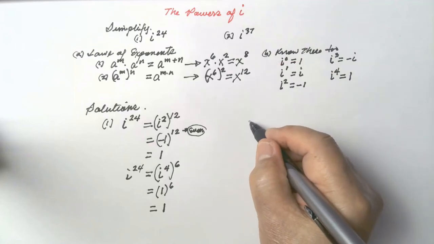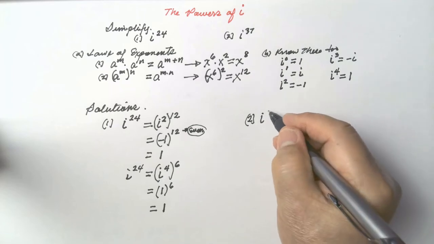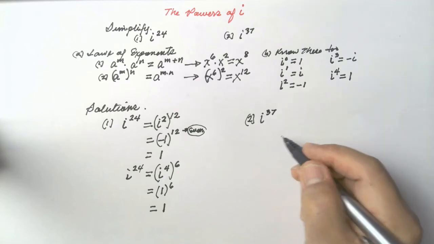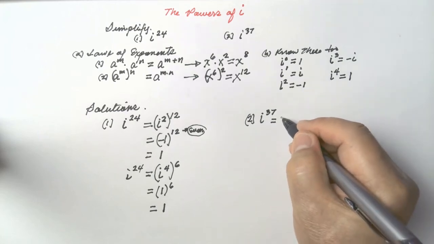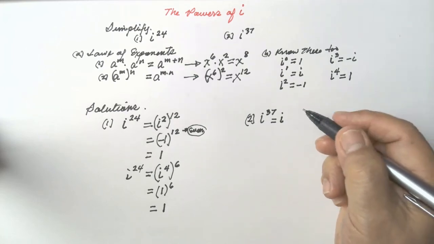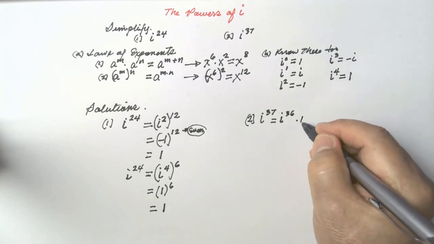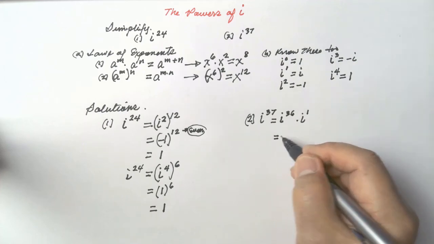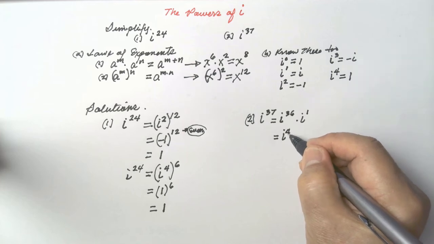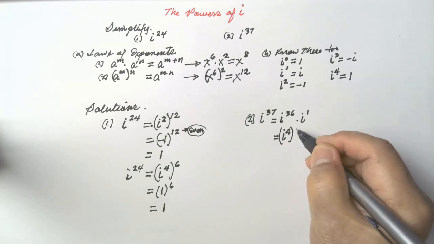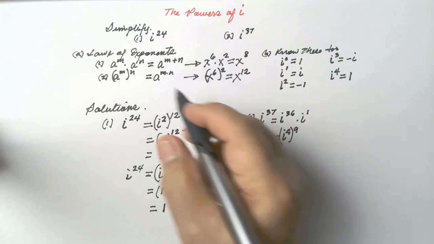The next one, I raised to the exponent of 37. Now this can be written as I raised to 36 times I raised to 1, but 36 can be written as I raised to 4 and then raised to 9, because 4 times 9 is 36.